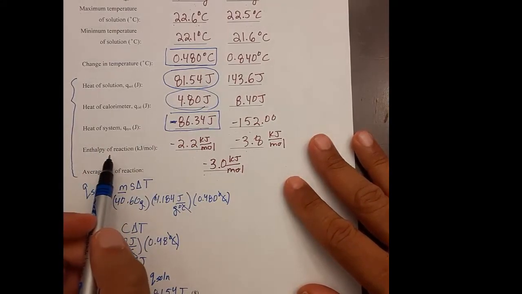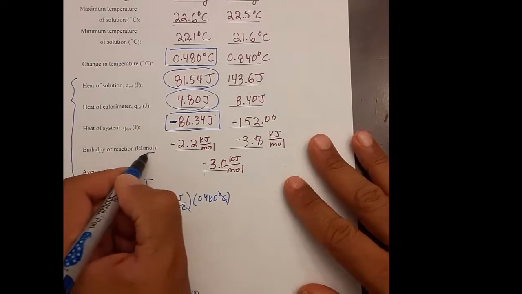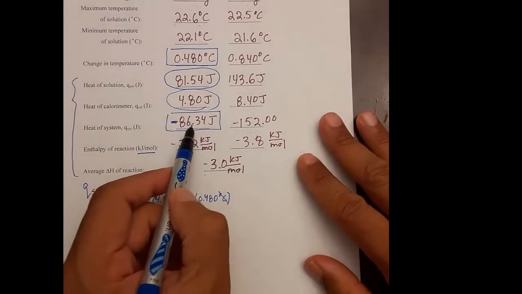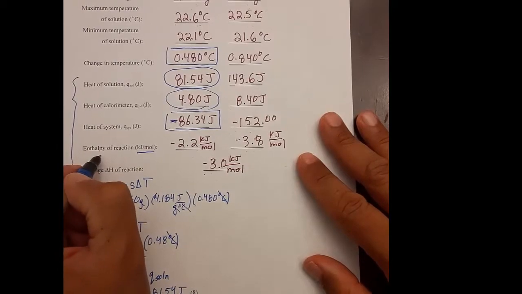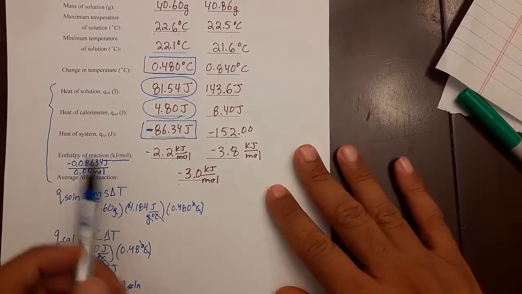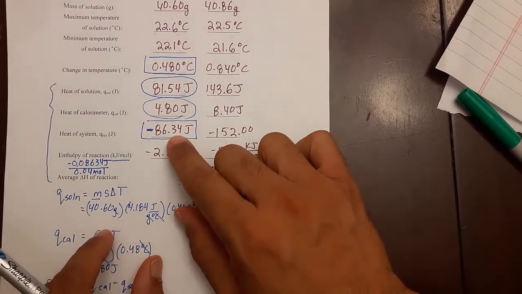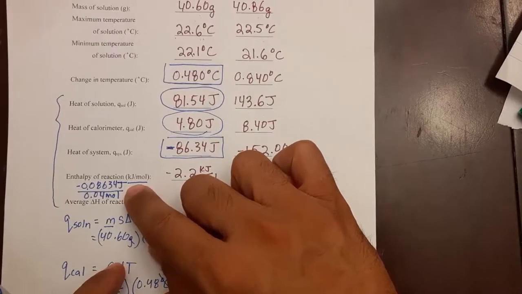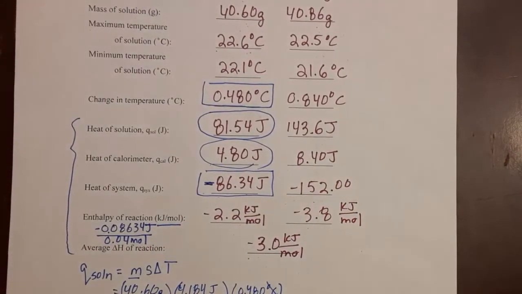If we want it per mole, they want it in kilojoules per mole, which is the customary standard. So we're going to convert this to kilojoules, moving the decimal three places to the left, per mole. Now the question is, per mole of what? It really doesn't matter, because it's all 0.04 moles.